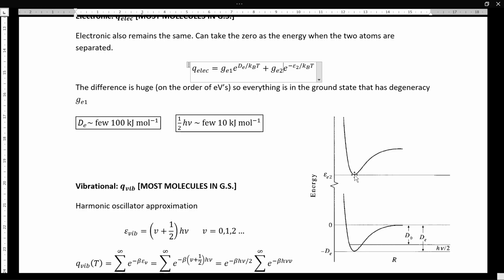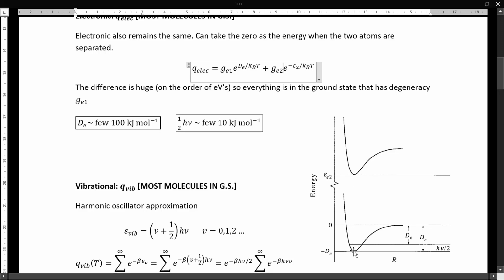If I had taken 0 over here, then the excited state energy would have been dE plus epsilon E2. And if I were to look at the ratio of the contributions coming from this term, that is e to the power dE by kT, to this term, it would have been exactly equal, right?